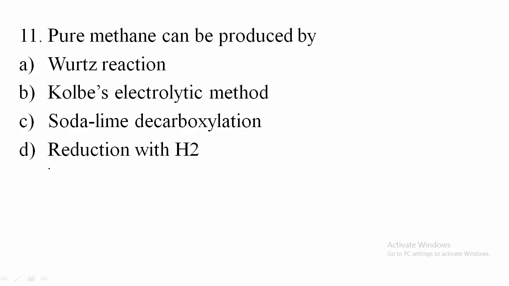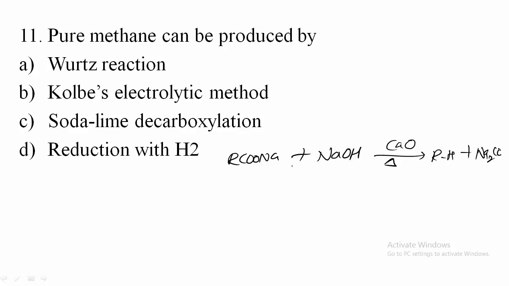Then 11th one, the pure methane can be produced by. So as I have already mentioned, pure alkanes can be prepared by the laboratory method. There we have taken soda lime, NaOH in presence of CaO, upon heating. So here RCOONa, fatty acid salt, when treated with soda lime, will give RH along with Na2CO3.